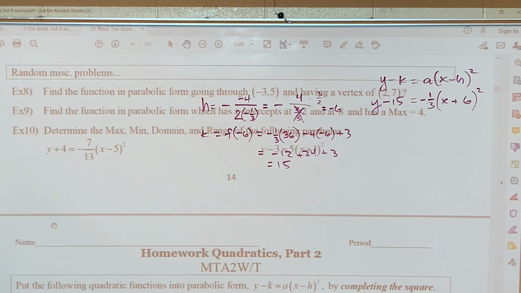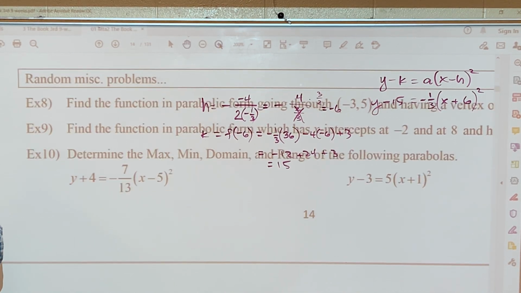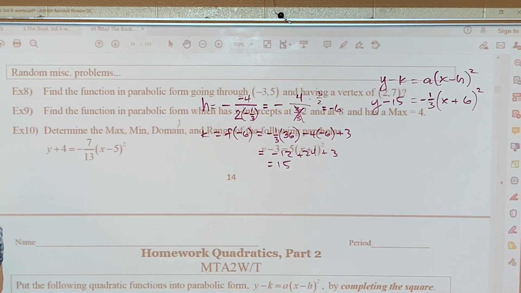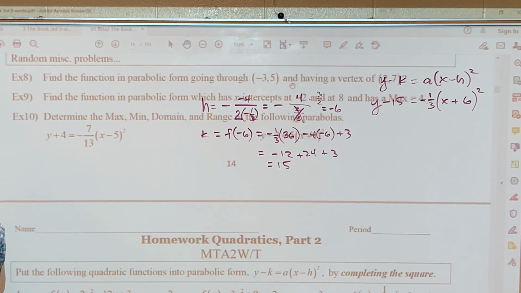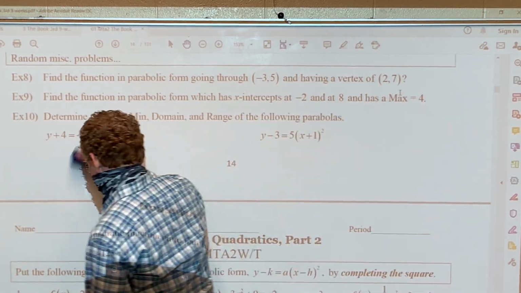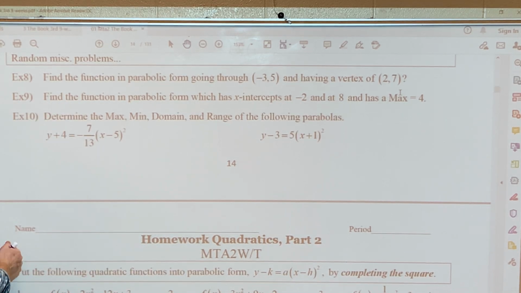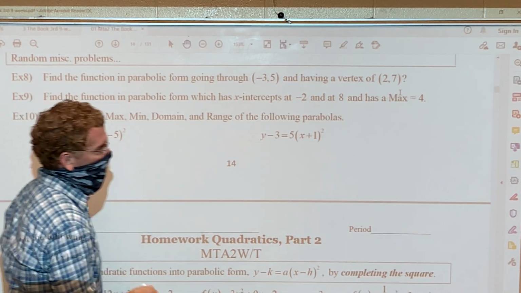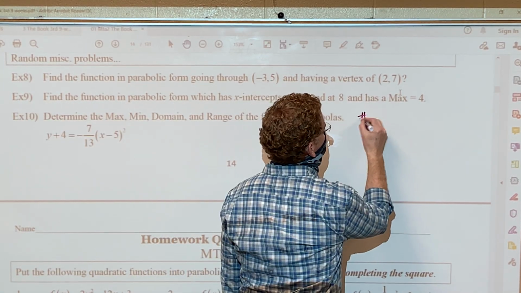So look at example 8 right here. It says, find the function in parabolic form going through this point and having a vertex of this point. So ignore this junk right here. I'll come over here, number 8.